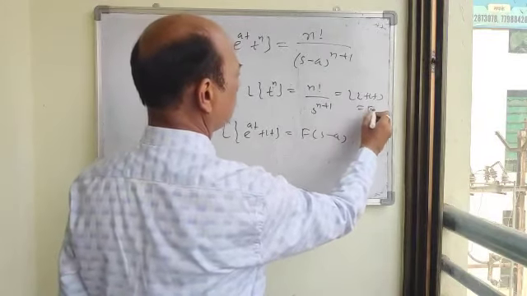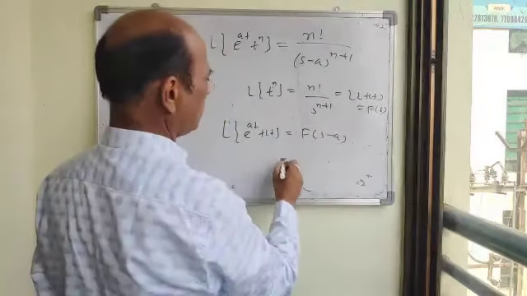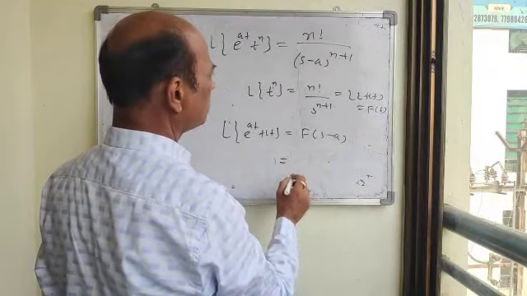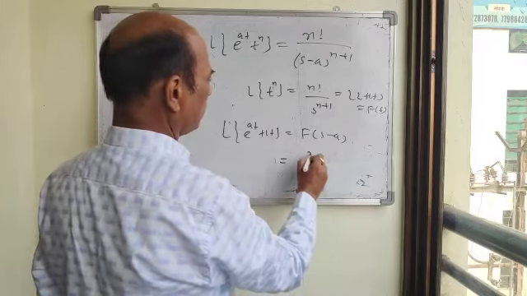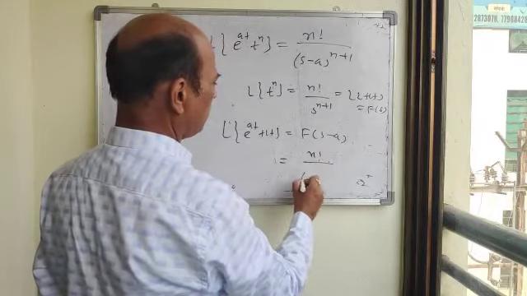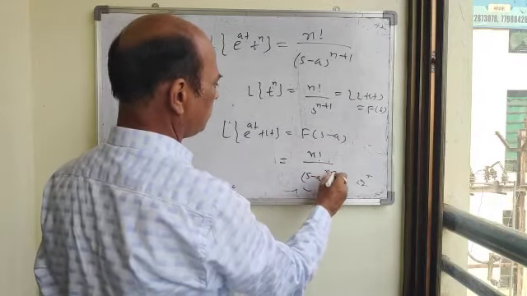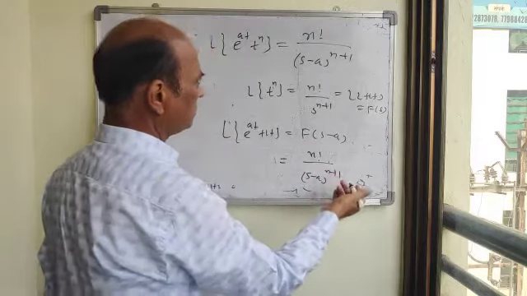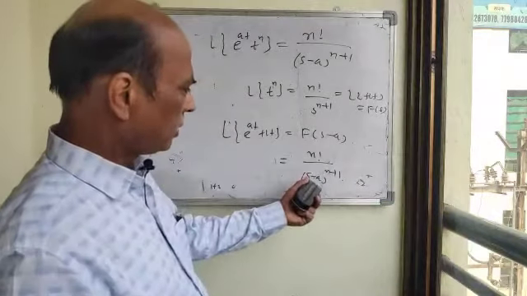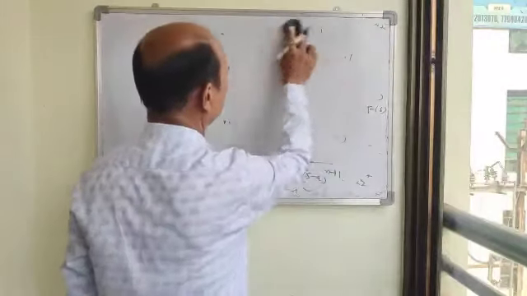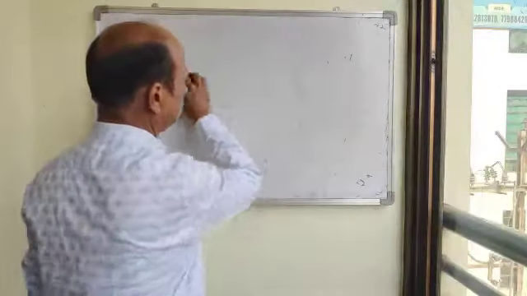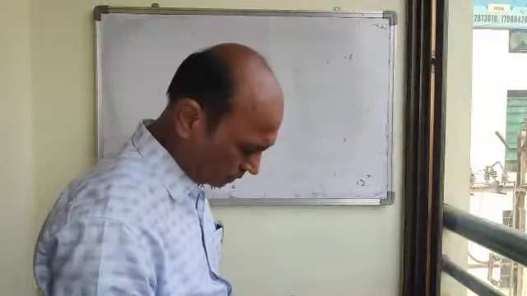This is F of s. So that is equal to F of s minus a. It means factorial n upon, in place of s we write s minus a, to the power n plus 1. This is factorial n upon (s minus a) to the power n plus 1. For any function you can find the transform by using this first shifting theorem.